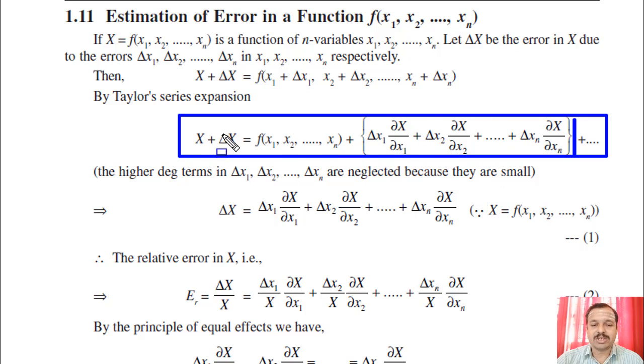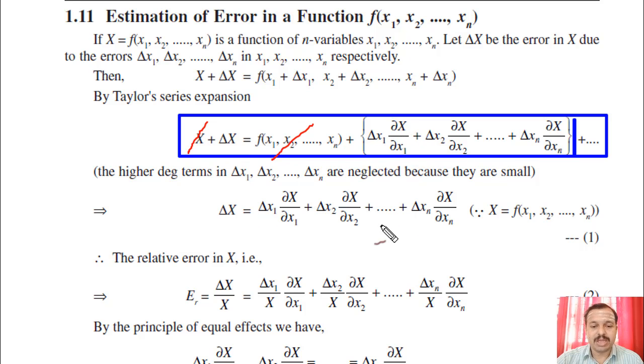Now capital X is nothing but f of x1, x2, ..., xn, and here also the same thing. So we can cancel x with this term, because these two are the same. When you take it to that side, it becomes minus, so plus and minus of the same quantity cancel out. The only thing remaining is delta x equal to this bracket.